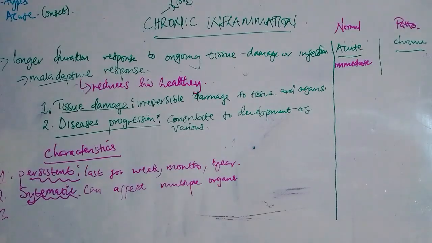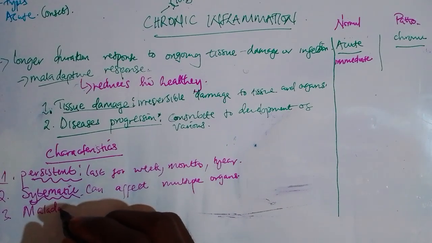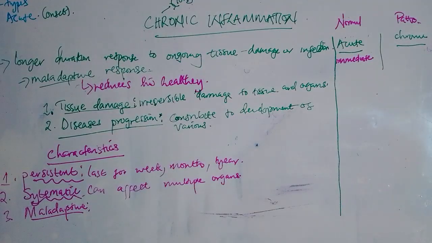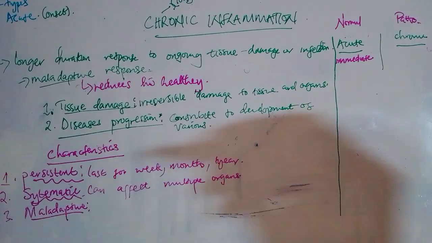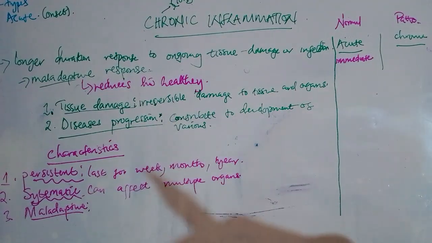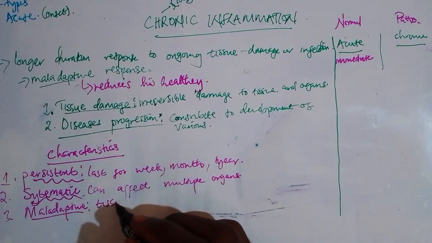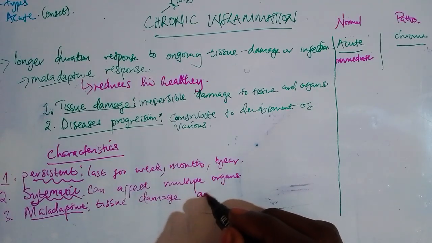Then third, we said that it is what? Maladaptive. So also maladaptive is a characteristic of what? Tissue damage. So we say that maladaptive, this chronic inflammation does not lead to healing of the patient, but it can lead to tissue damage and disease progression.